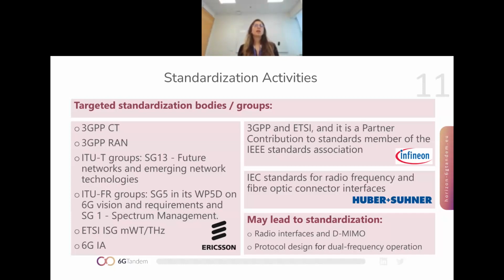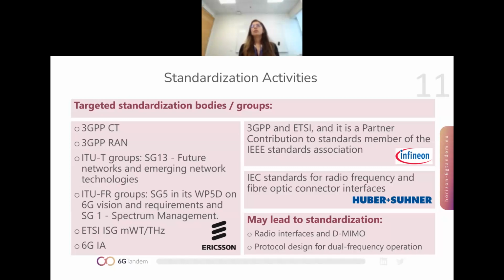So Ericsson, we have 3GPP core network, 3GPP RAN, the radio and physical layer, specifically the sub-10 gigahertz and sub-terahertz operation will be addressed at regulatory bodies. We have ETSI ISG millimeter wave and terahertz specifically, and the 6G-IA working groups.